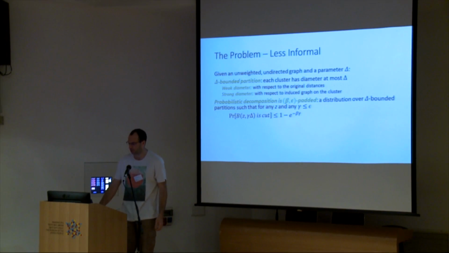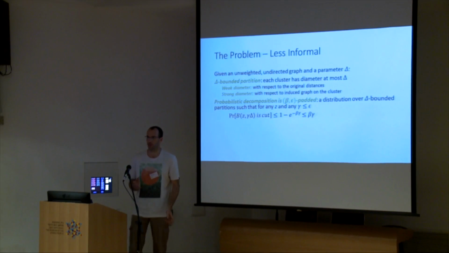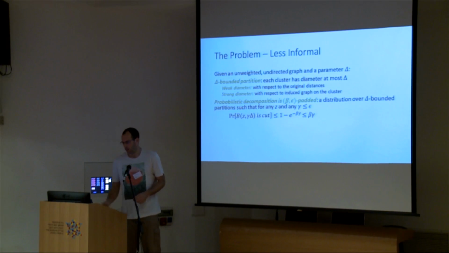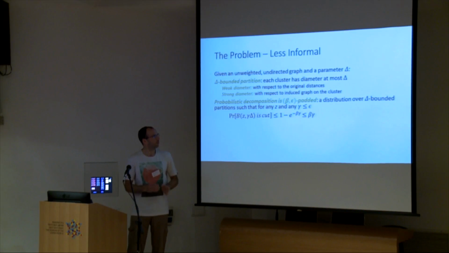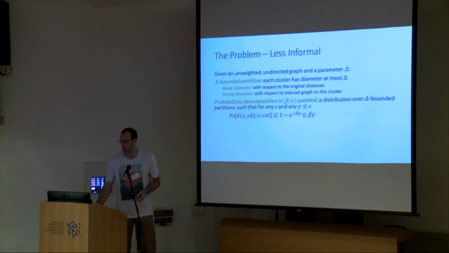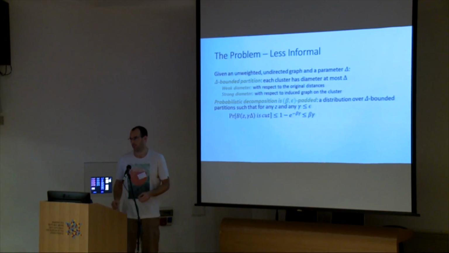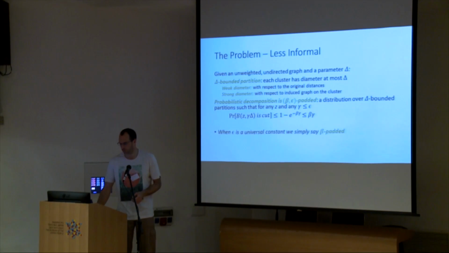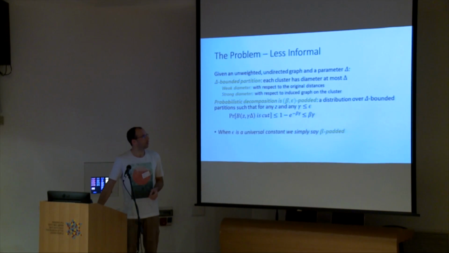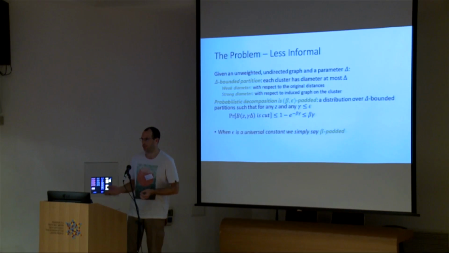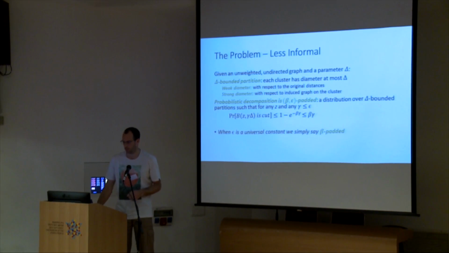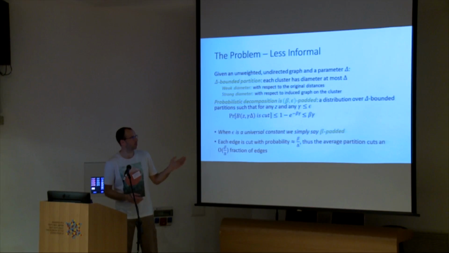And when gamma is sufficiently small, this is roughly beta times gamma. So for any point and any sufficiently small ball, this ball has a small chance to be cut. Epsilon really means for how large a ball we can give any guarantee at all. Usually think of epsilon as some constant.